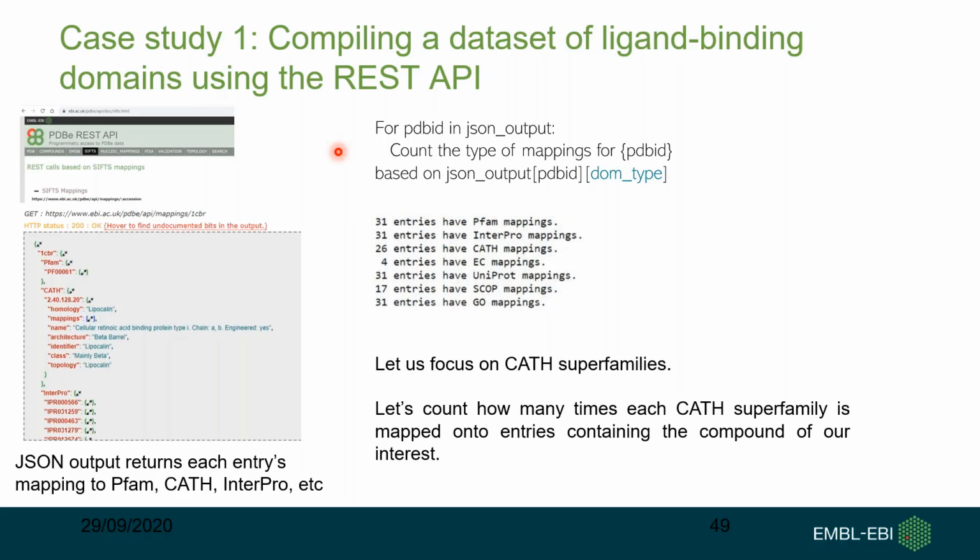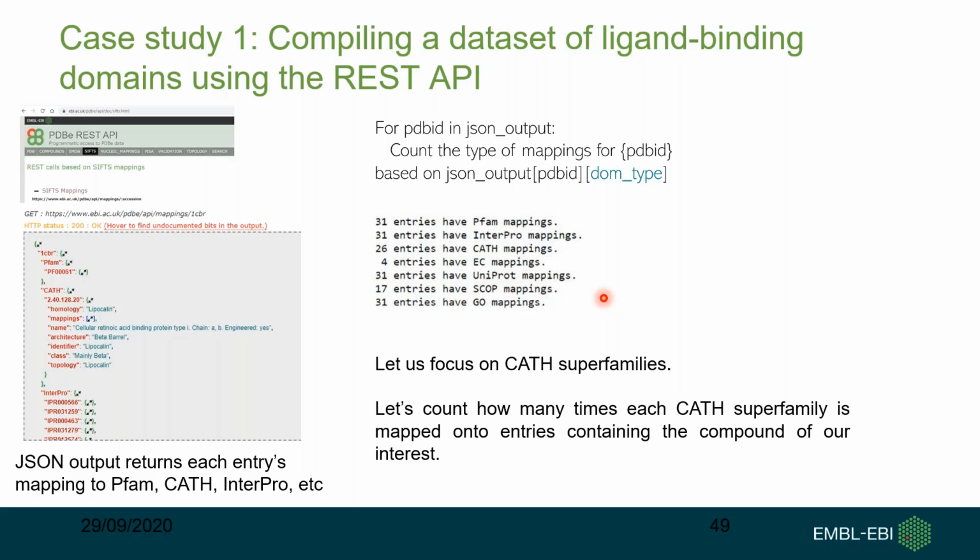And what you have to do is iterate through the JSON output, which is this, and the PDB ID, for example, here is 1CBR, and the domain type, which is the field immediately following the PDB ID. And if you go through that exercise, you will find that all 31 entries have PFAM mappings, InterPro mappings, UniProt mappings, and GO mappings.